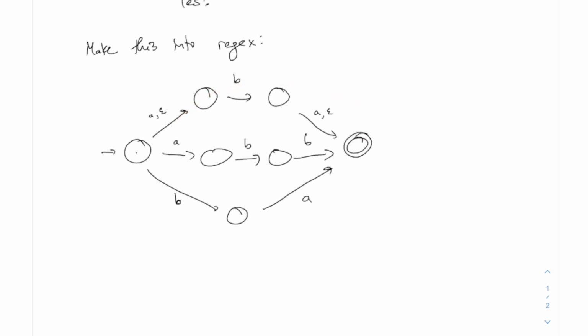But what I want to think about is what are the possible paths from the start to accepting. All right? What are the possible paths? And in this case, it's pretty easy to say. There are three different paths you could take, right? Go across the top, across the middle, across the bottom.